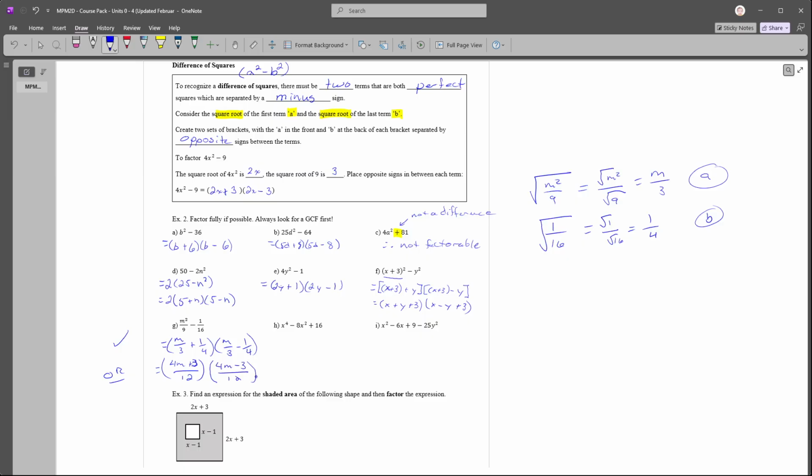I wouldn't take it any further than that, because at that point you're going to end up foiling and expanding, and that's not what we want. Our job is to factor. Keep it simple.